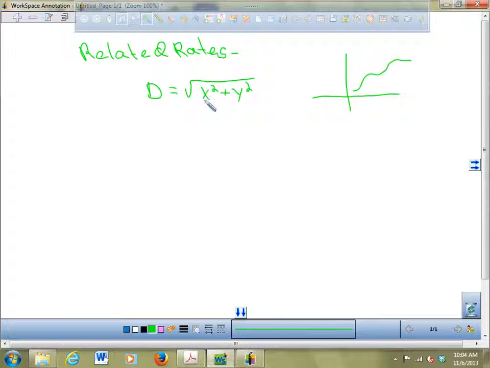So maybe x is doing one thing and y is doing something else, so you'd have x of t and y of t. And if x is doing one thing over time, and y is doing something else, then you come up with some kind of curve, right?